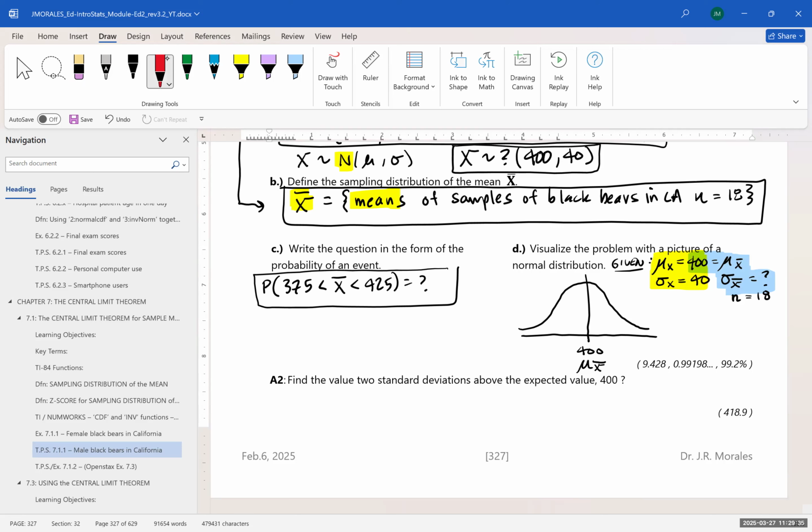And we want to try and find the area between 375, which is going to be below 400, and 425, which is above it. So between those two is going to be this area. Actually, I should draw it off to the side here. This area is going to be equal to that probability.